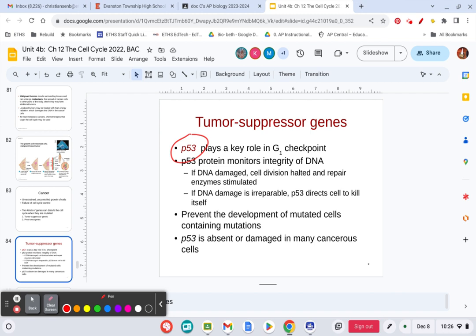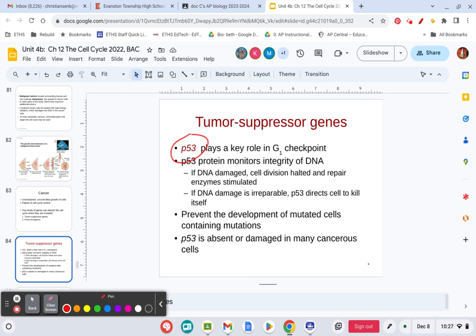Now, the thing is, if that DNA is messed up at G1, the last thing you want to do is make two copies of it, because now you're going to have two cells that are messed up. So P53's job is to make sure that if the DNA is messed up, then the cell cycle is halted for that cell. And one of two things happens.